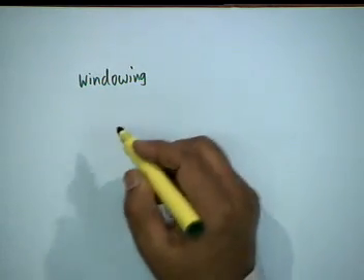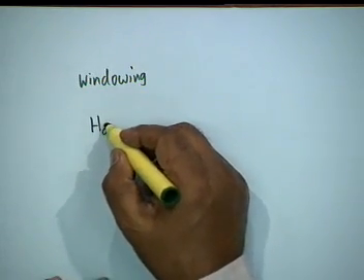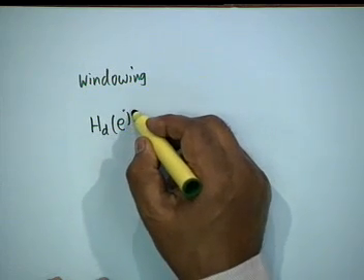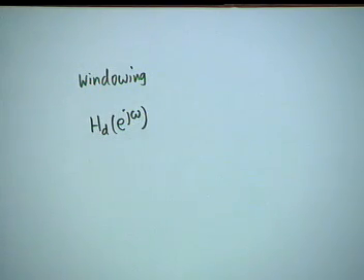you have been given a desired transfer function, and you know the transfer function is periodic with a period of 2π, and any periodic function can be expanded in Fourier series. All right, any periodic function can be expanded in Fourier series.